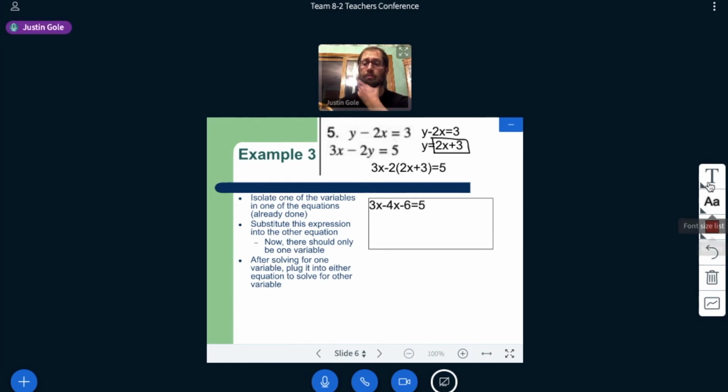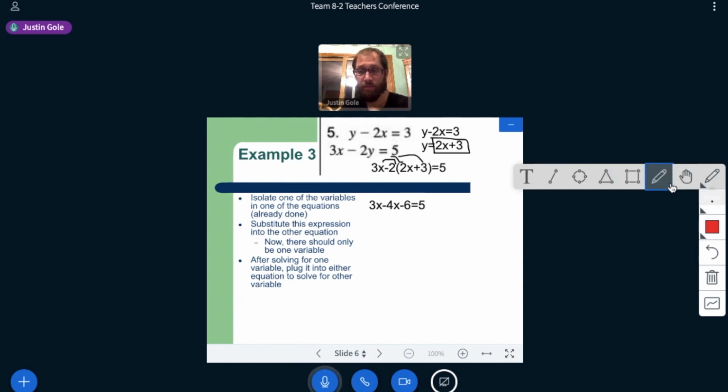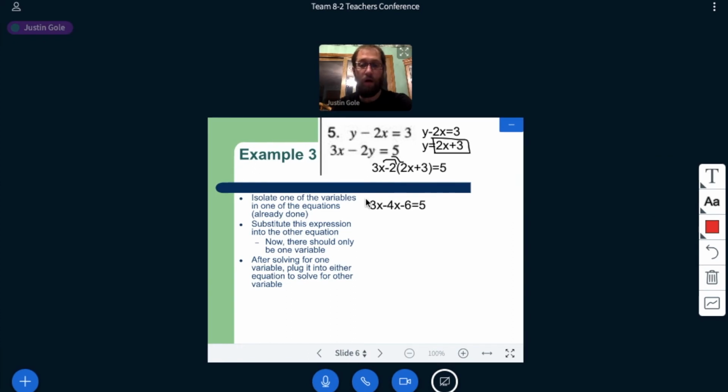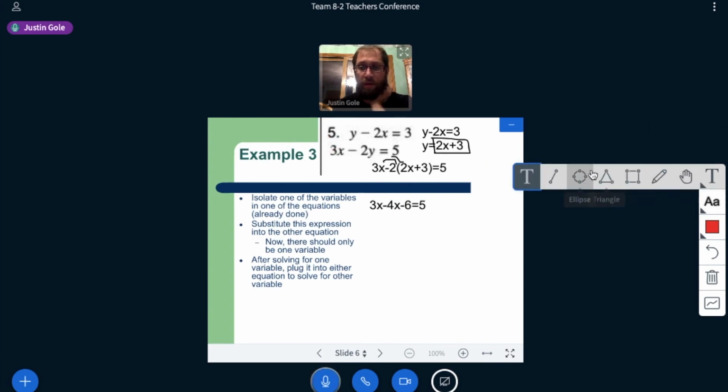So remember, we think about it like there is a hat on the negative 2. Negative 2 gets distributed to everything. So we get 3x minus 4x minus 6 equals 5. All right. Thanks for trying that on your own.